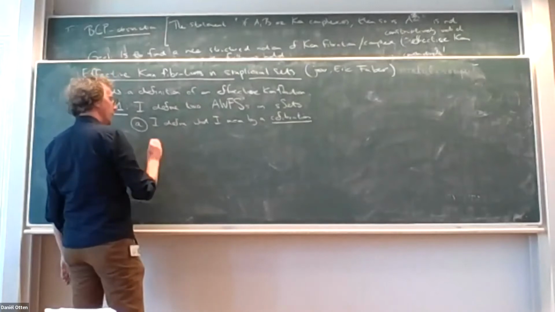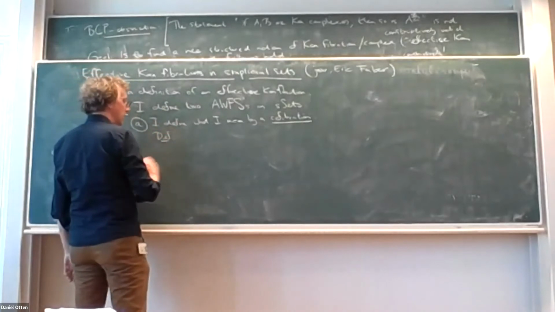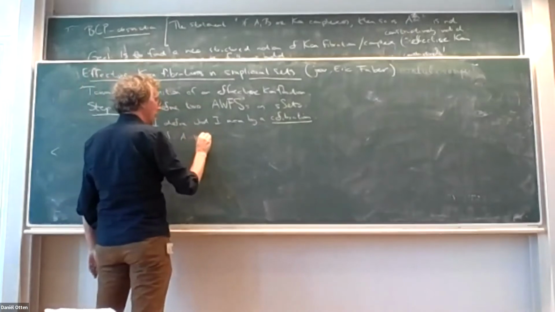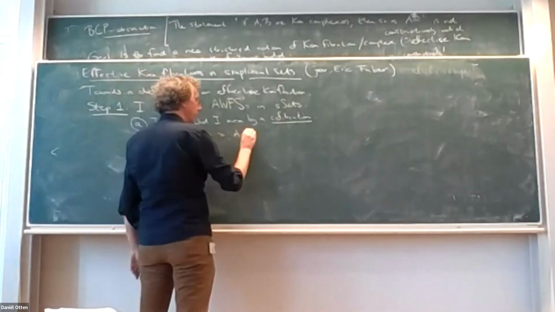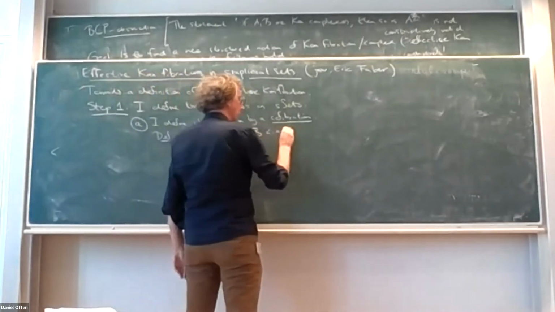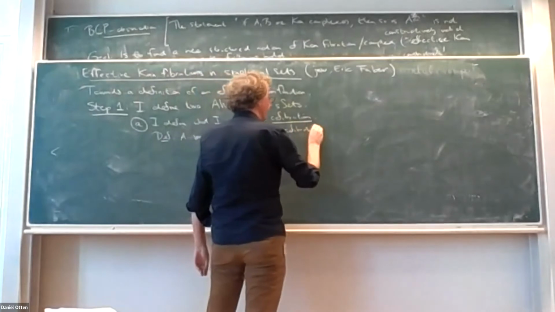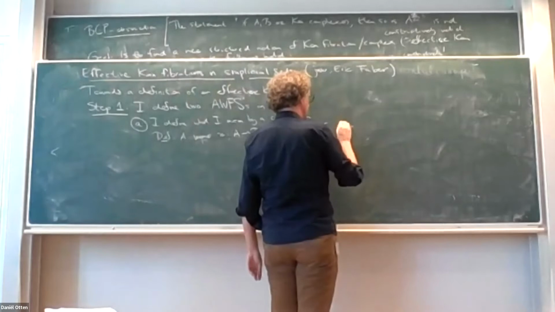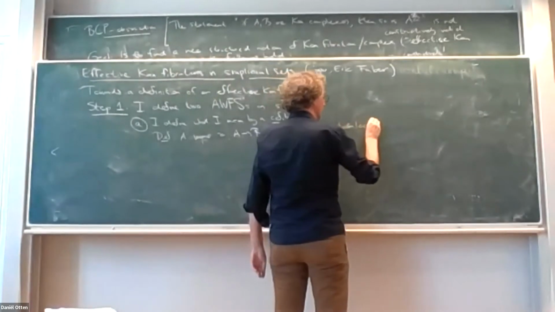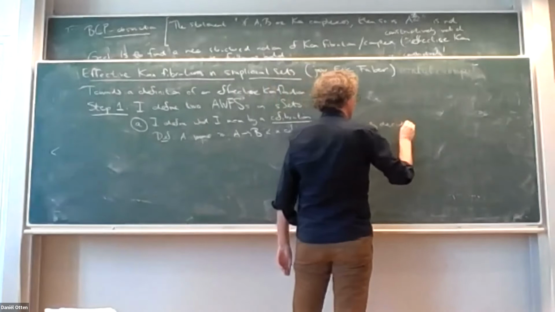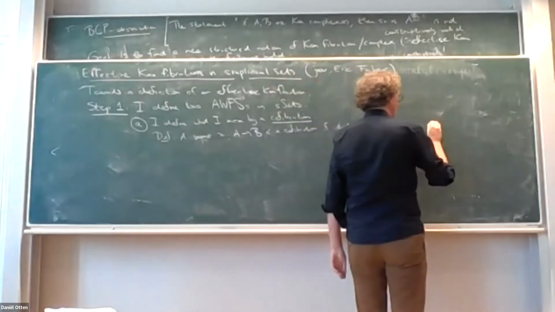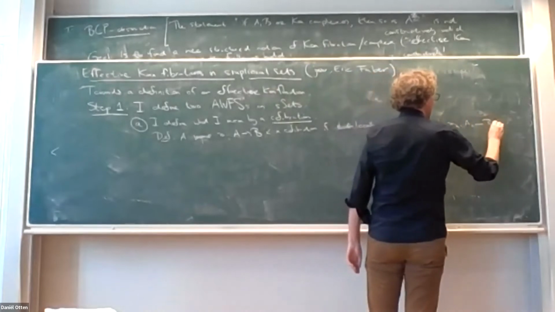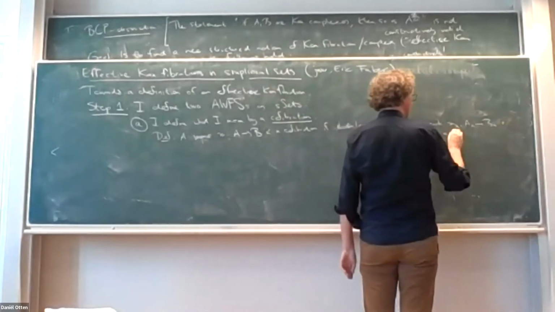So the definition is that a map, let's say a mono, is a cofibration if it has a solution, I think that's fine.